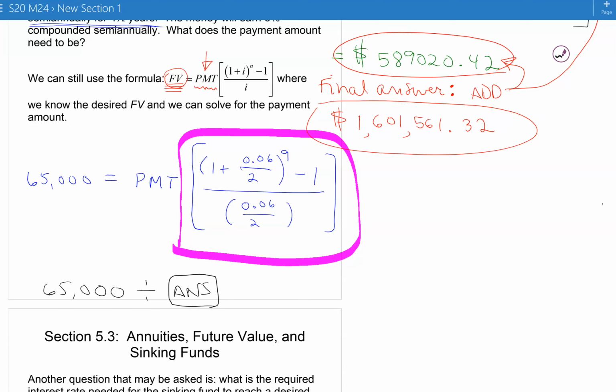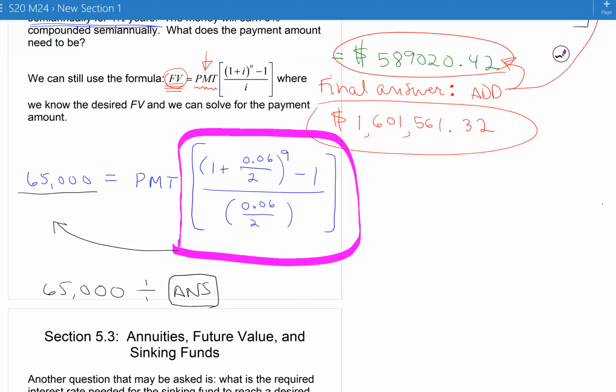So if you do the part in the square brackets first, your calculator will remember that amount, and when you type in 65,000 divided by answer, it will divide by that number. Or you can rewrite the whole equation and write this underneath the 65,000, but it's a lot of writing. And I like the idea of just keeping the equation written the same way and then manipulating it to solve for the thing that we're asked about.